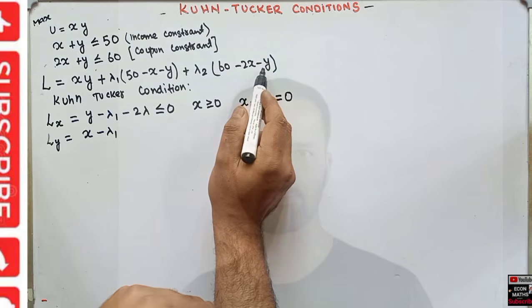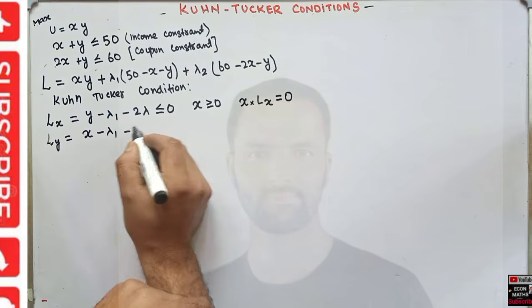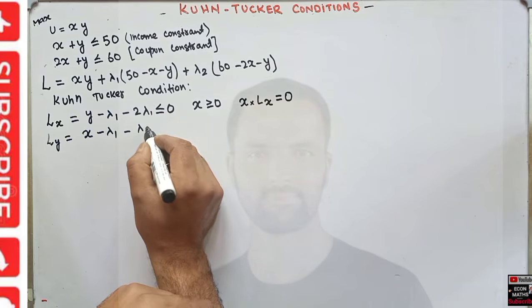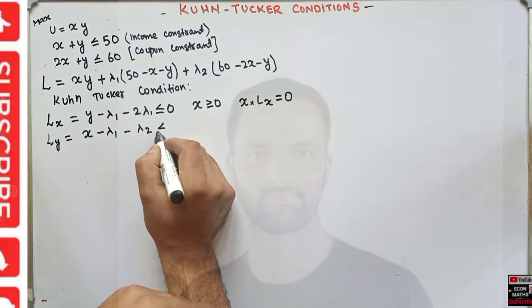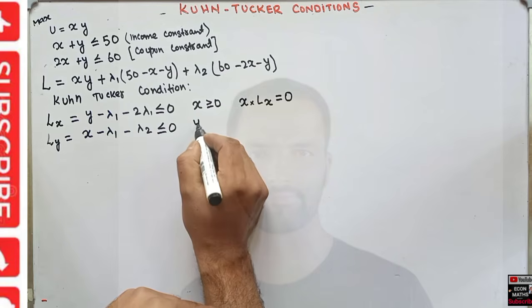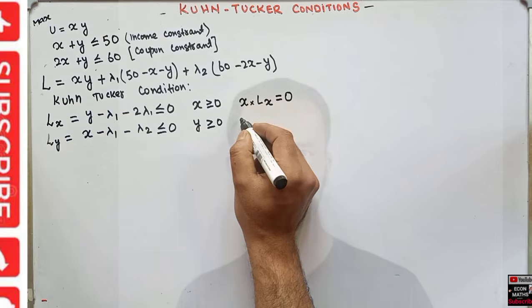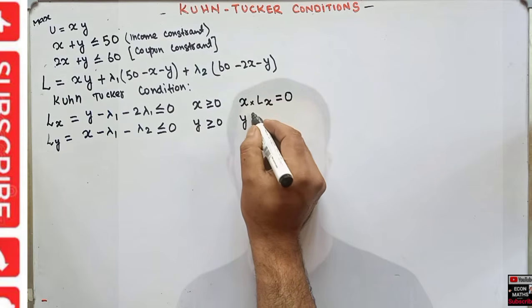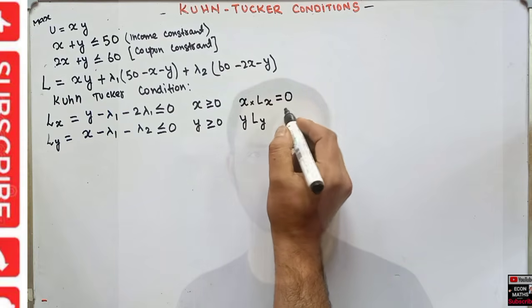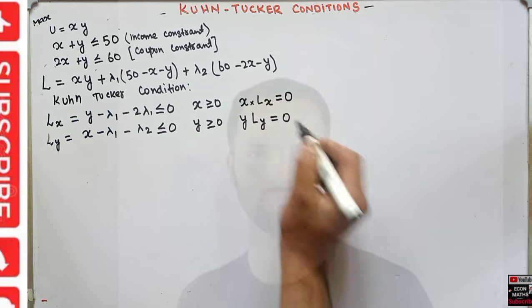Derivative of y is minus 1 here, y is 1, so we have minus 1 into lambda 2, that is minus lambda 2. It should be less than or equal to 0. Y should also be greater than 0, obviously, then it will make sense. And y times Ly should be equal to 0.